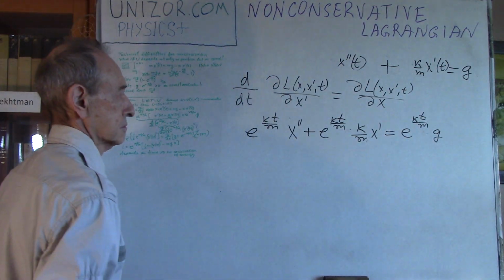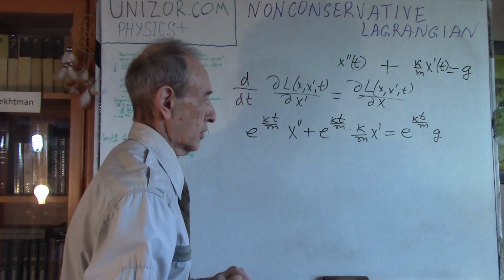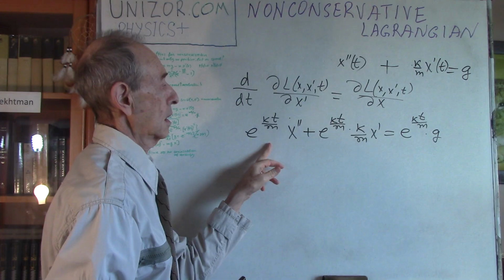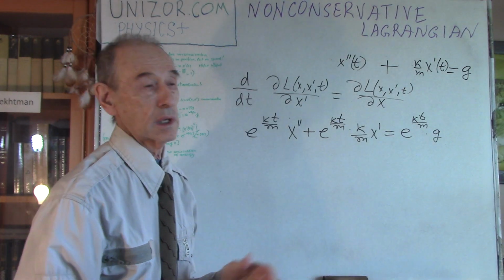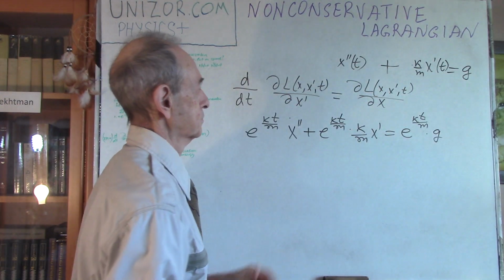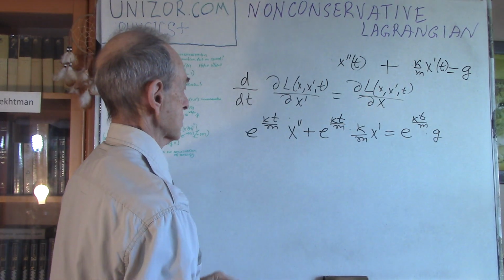Right? Just multiply by this multiplier, which never equals 0, by the way. So I did not really introduce anything new. It's an equivalent equation, equivalent to this one. Whatever is the solution to this is a solution to this, and vice versa.